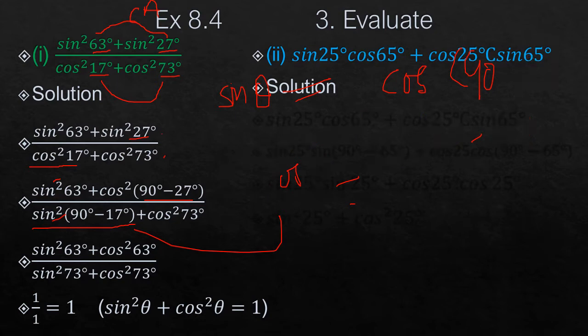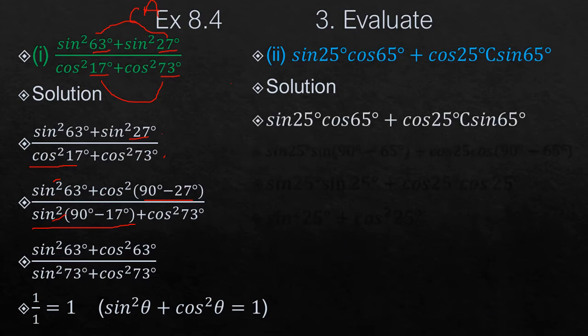Okay, what we have done? We have kept one angle, one trigonometric ratio the same, and we changed the other. So what you get? We get sine square 63 degree plus cos square 63 degree upon sine square 73 degree plus cos square 73 degree.